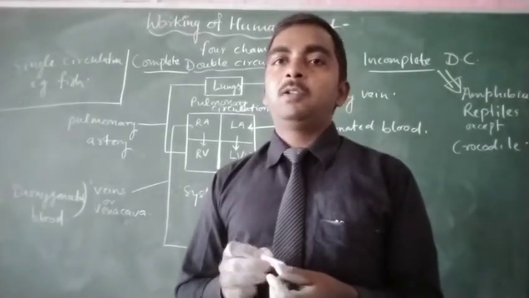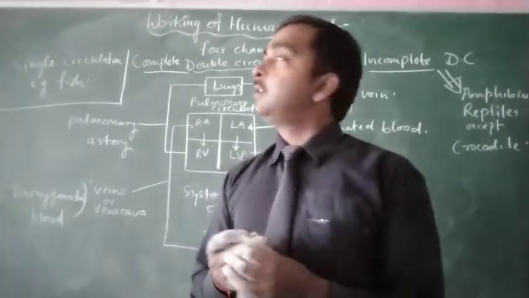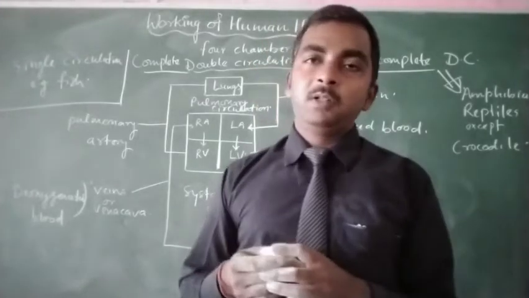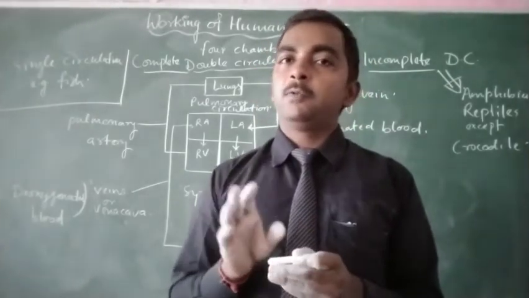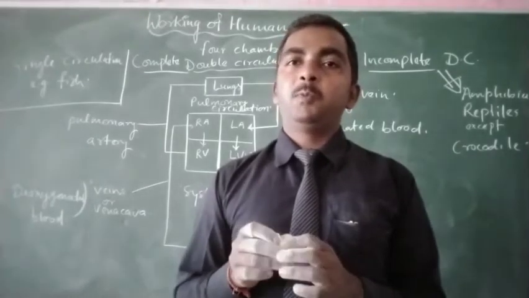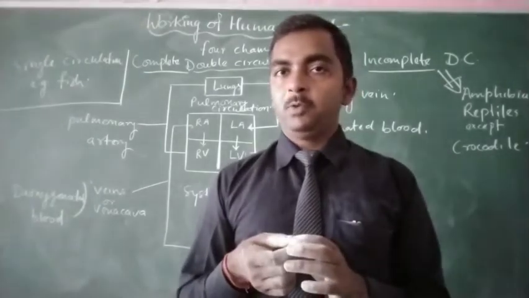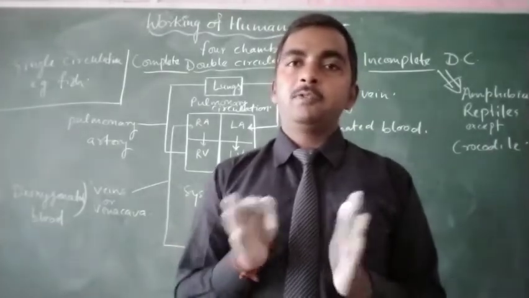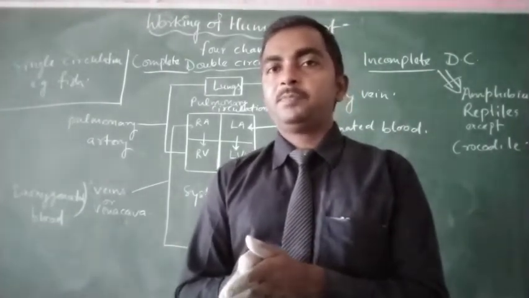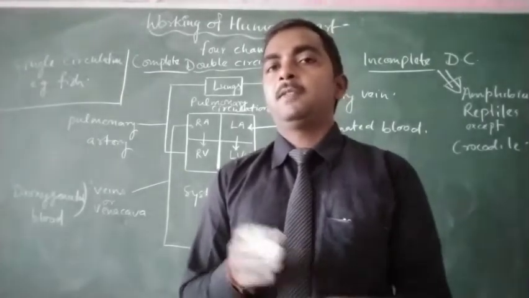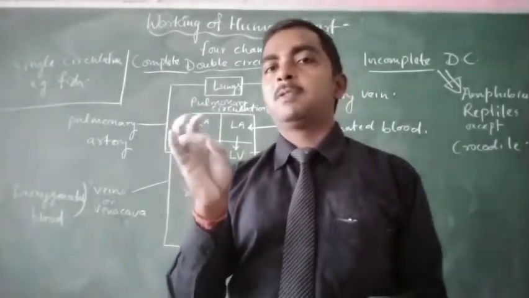So this is all about the circulation, or working, of the human heart. The human heart works with the help of double circulation. Associated with this, we also studied the types of circulation, that is single circulation and double circulation.